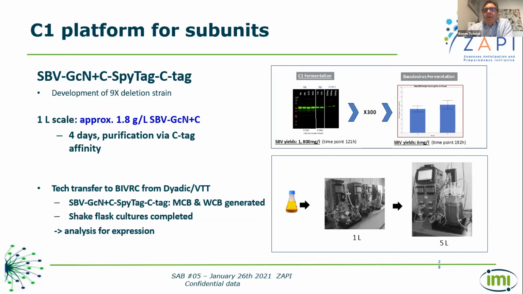At the moment, we are transferring the technology to Alex and his team in Beringer in order to develop it for high scale. It is important to know that in principle, our experience with C1 is that it can easily be scaled up.